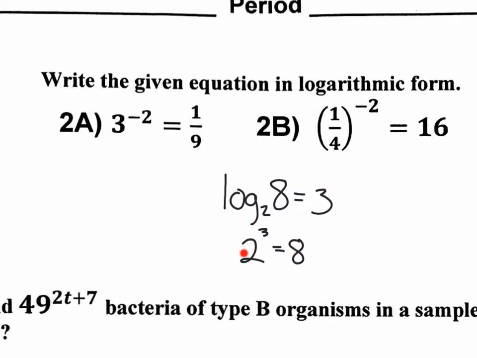So the base on the exponential form has to become the base on the logarithm. So on number 2a, our logarithm has to have the base what? Base 3. This exponent became the answer on the logarithmic form. So the exponent is going to become the answer on the logarithmic form.